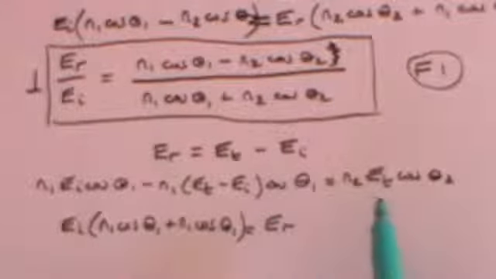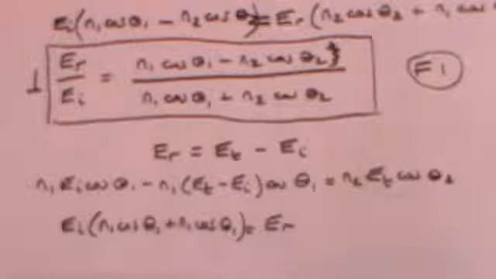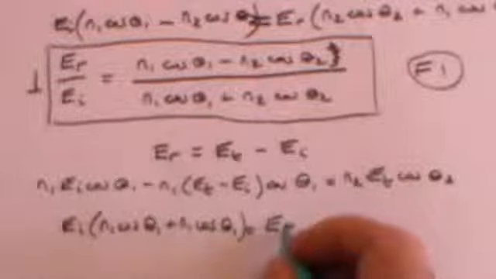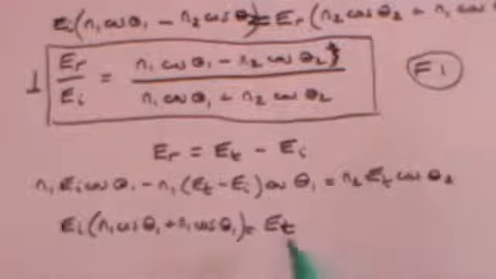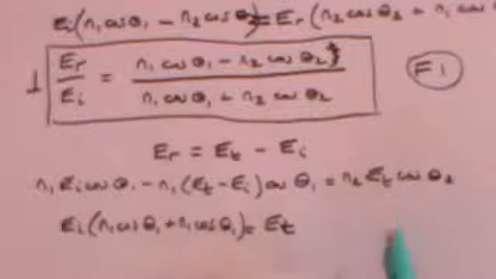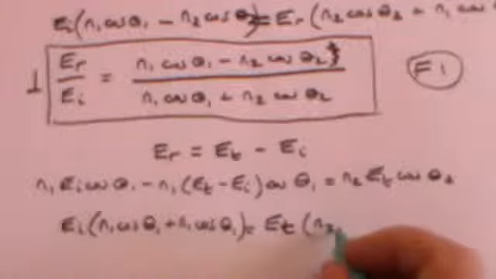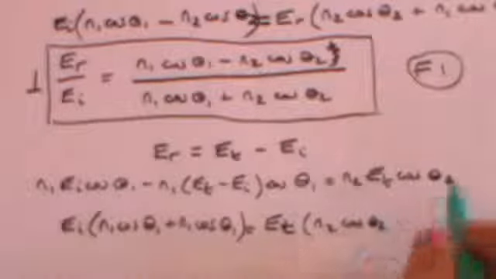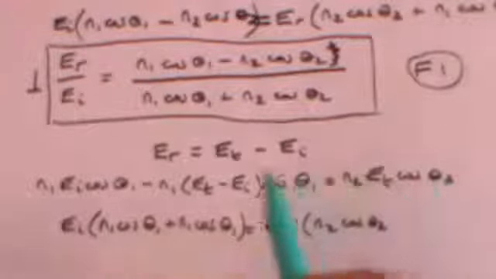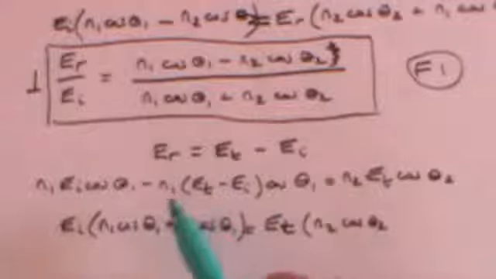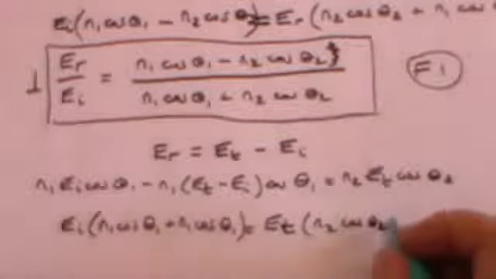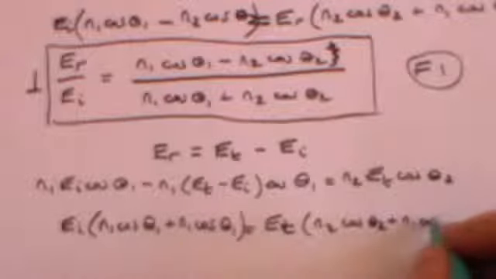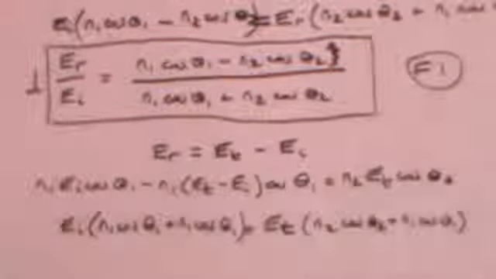And now we want the ET terms, because we have substituted for R. And here we've got an N2 cos theta 2, that's that term. And over here we've got a minus N1 cos theta 1, but that will become a plus when we go on the other side. So plus N1 cos theta 1.